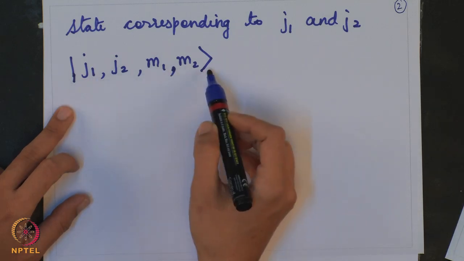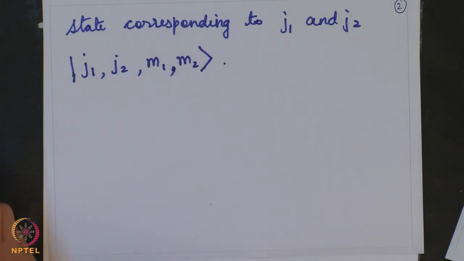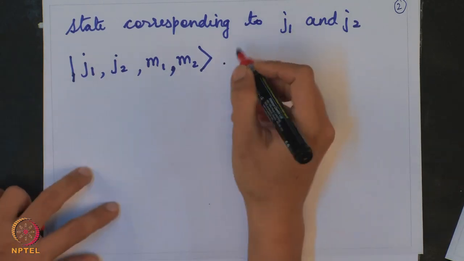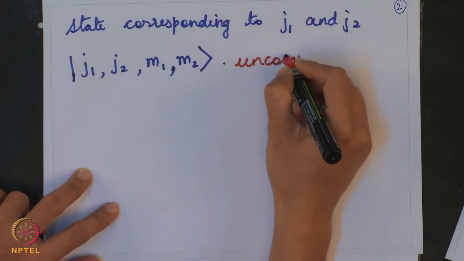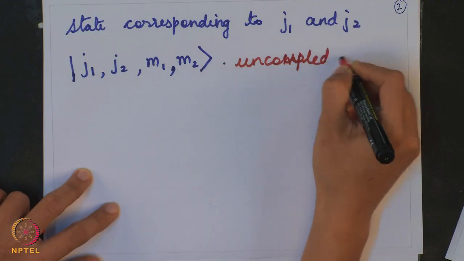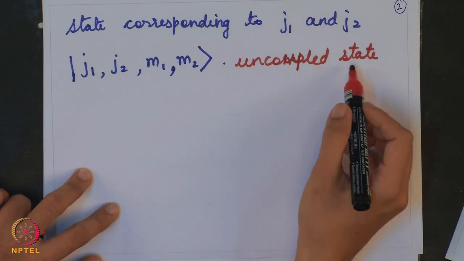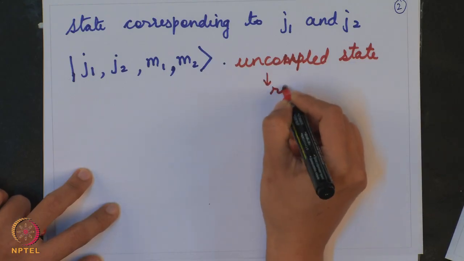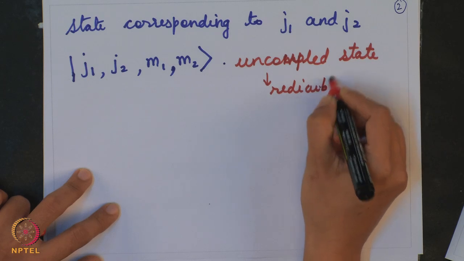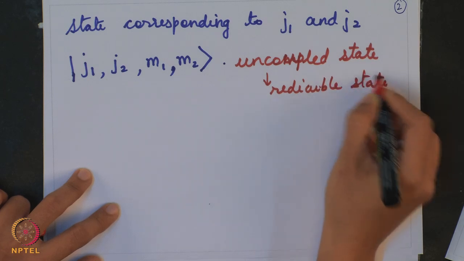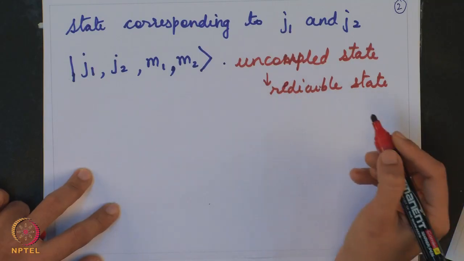So, J1, J2, M1, M2 is the uncoupled state, or the uncoupled basis, and the uncoupled basis is a reducible state.